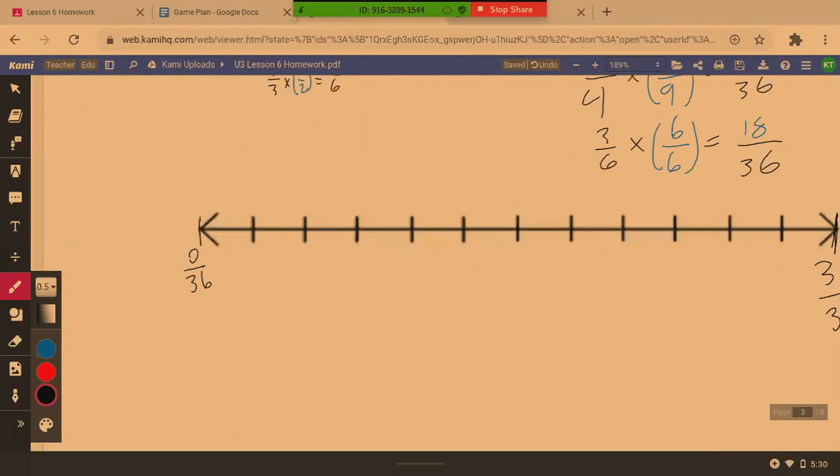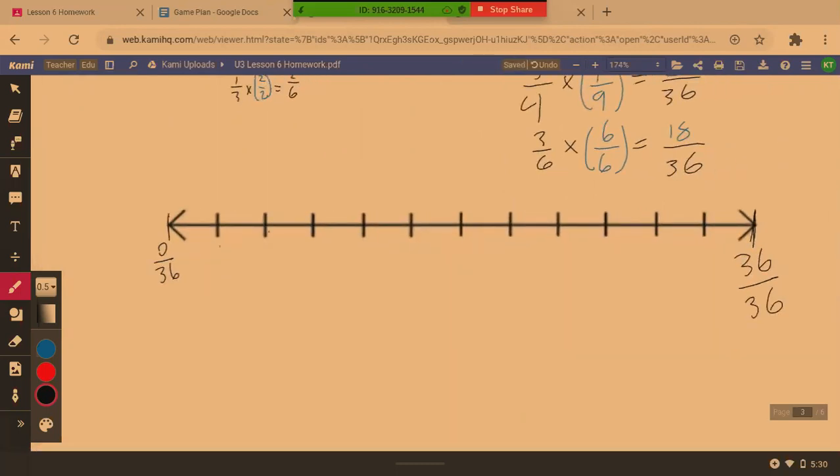So let's count how many of these dashes there are. 1, 2, 3, 4, 5, 6, 7, 8, 9, 10, 11, 12. So since there are 12, we can say that each dash is 3. Yep, that works out.